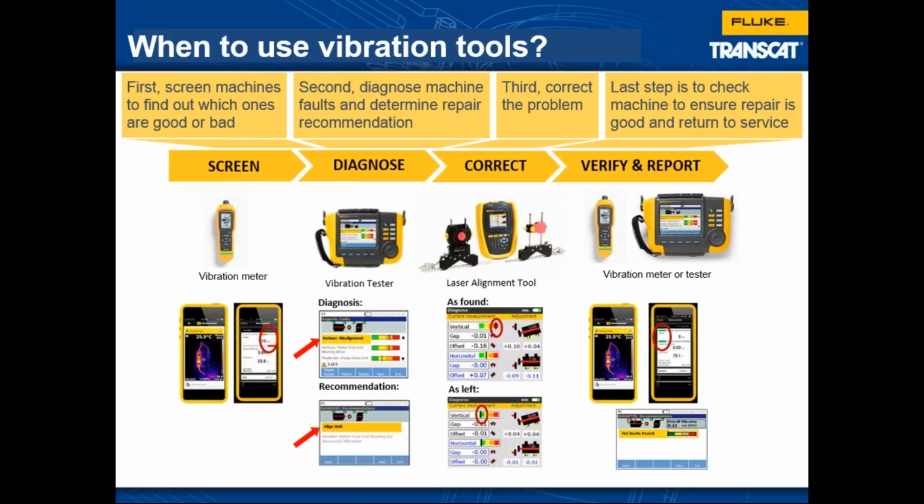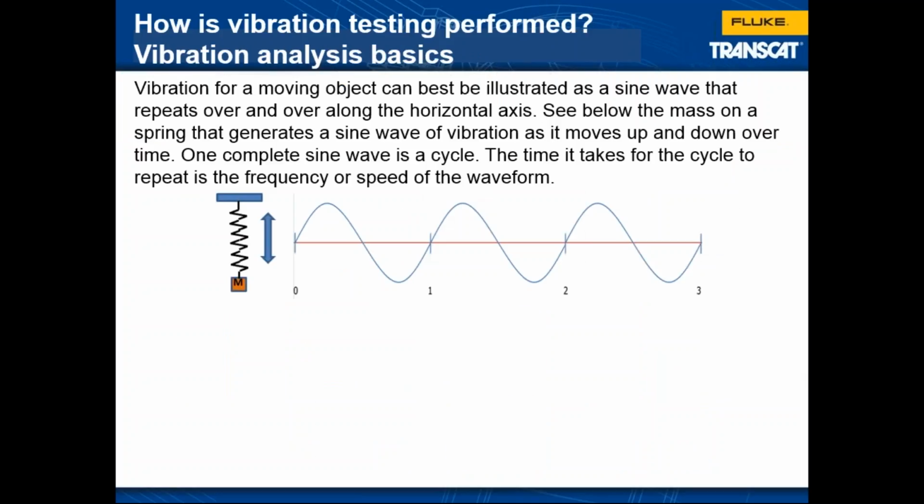If all we're doing is replacing bearings all the time, maybe we should look at using a vibration tester that will give us the root cause of the problem. If it tells us it's misalignment, then let's use a simple alignment tool to correct the misalignment, and that way the bearings and seals last for years and years like they're supposed to. So verify it, make sure it's ready to go back into service.